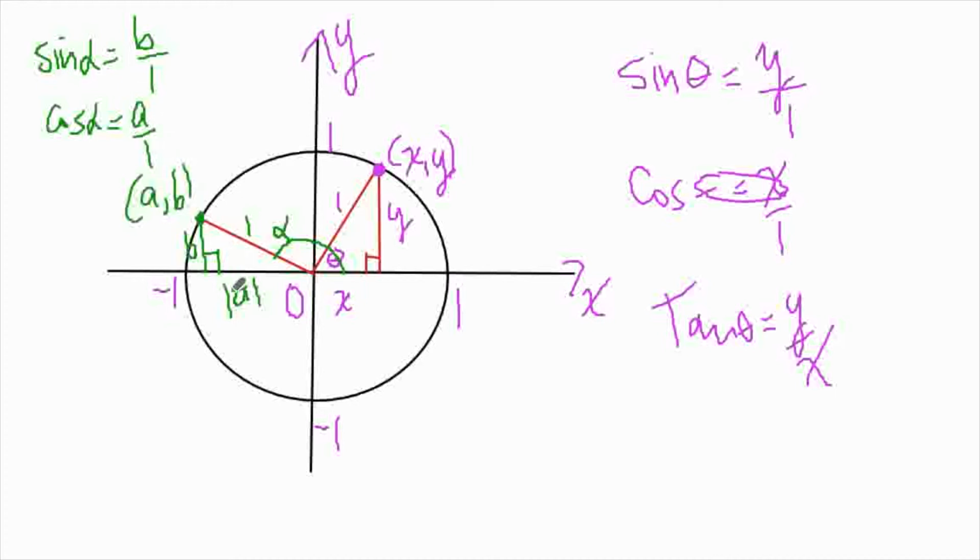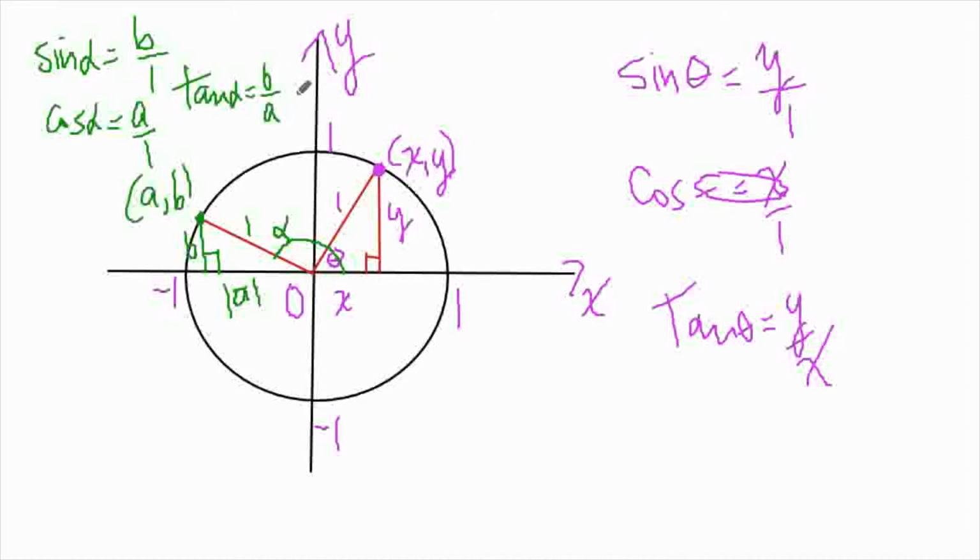When I drew it there, I was drawing the length, which is the absolute value, but the cosine doesn't care if it's negative, and it can be. And then the tangent of alpha is b over a, not the absolute value of a. Hopefully this is review for you.